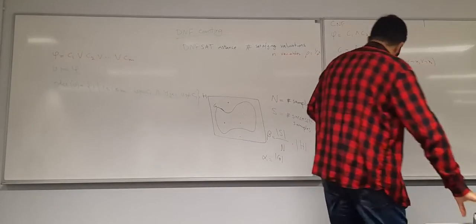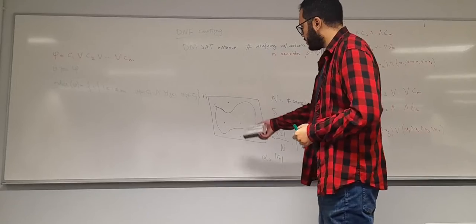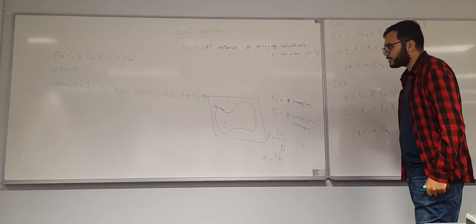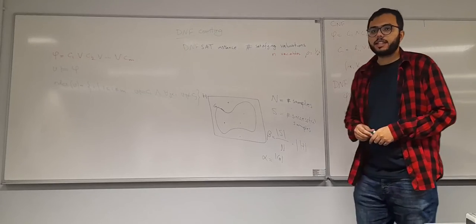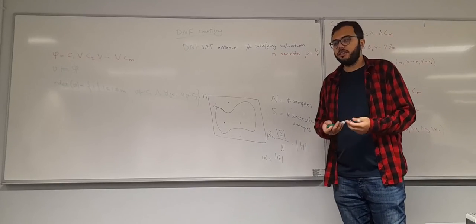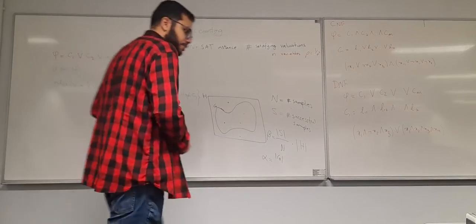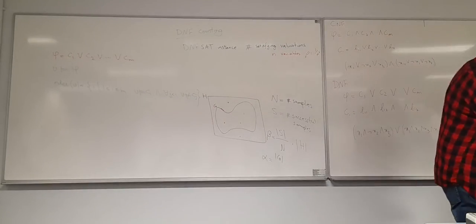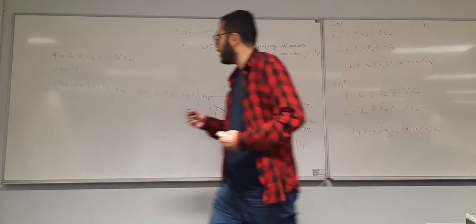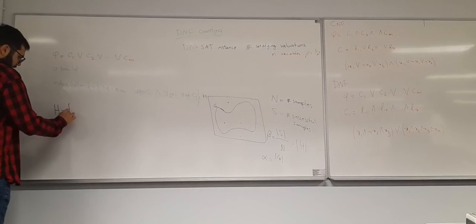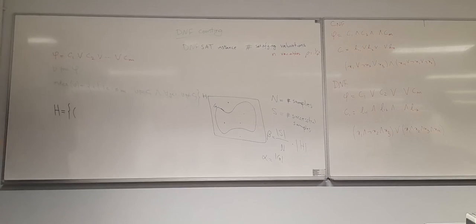Okay. Now I want to create my set H. My problem before was that I have a bunch of valuations that satisfy more than one clause. So here's what I'm going to do. I define my set H to be a set of pairs.